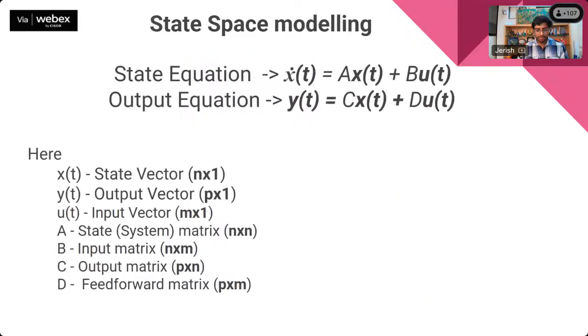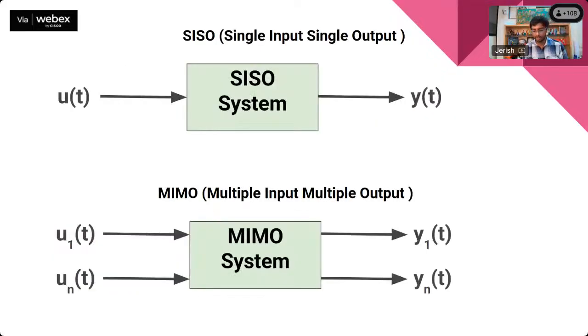So this is state space modeling. Before going to state space modeling, I would like to say why we require it. I have told you there are four types of systems, of which these are the most common. There is another approach called the transfer function approach.